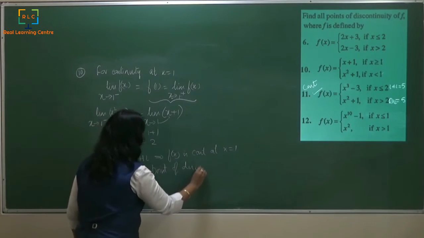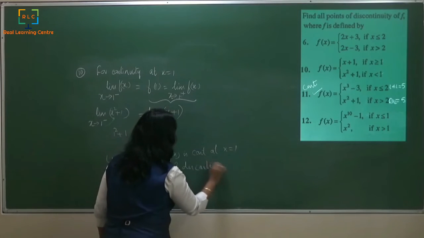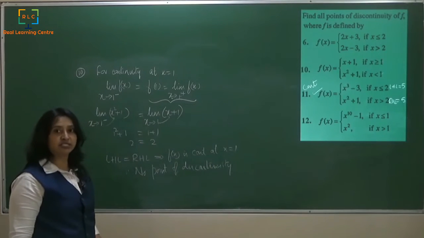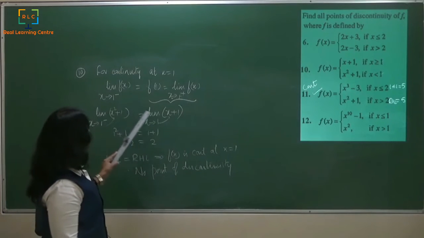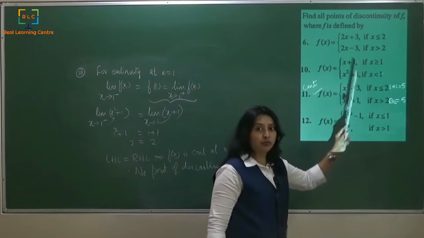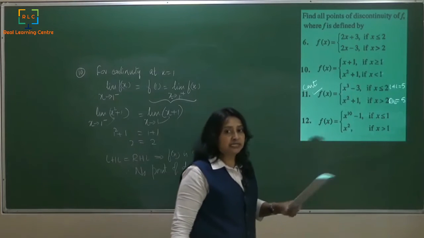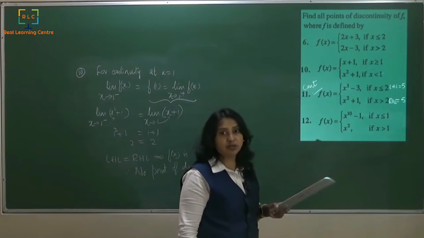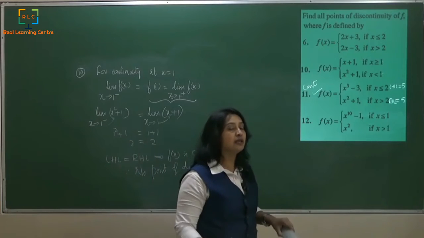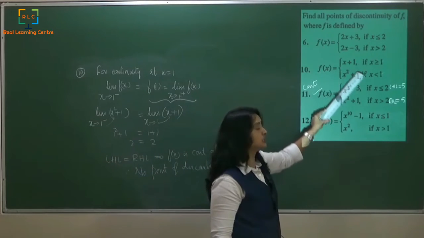No point of discontinuity exists for this particular function, because the crucial point where I have to discuss is 1, because everything is 1 in this question, right? So at the point 1 is what we have to think about. Other than that, for this linear polynomial, you put 2, 3, 4, 5 or minus 2, minus 3, minus 4, anything, you will always get the same number in these two.